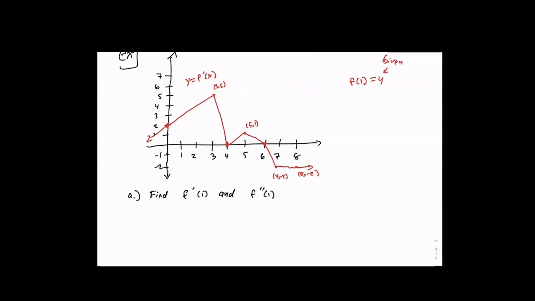Isn't it 0 because f of 1 is 4? So that was a weird response because you gave me the right answer, but you gave me the wrong answer.